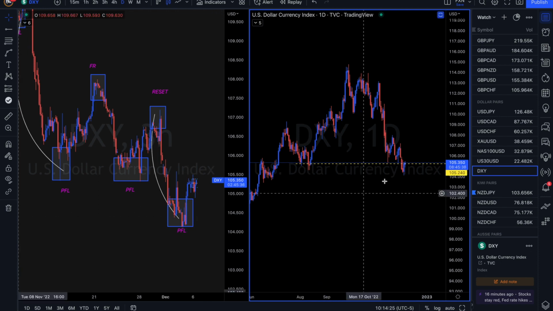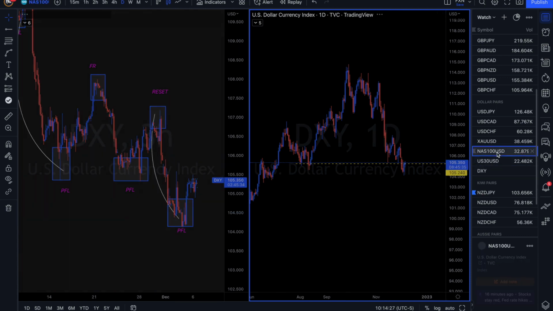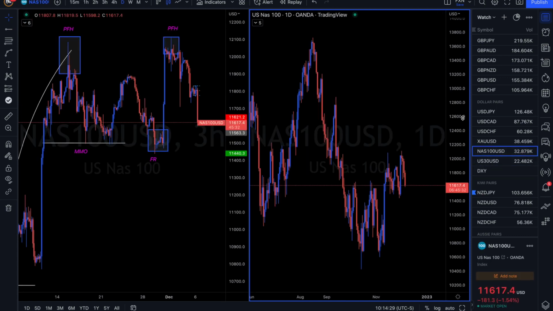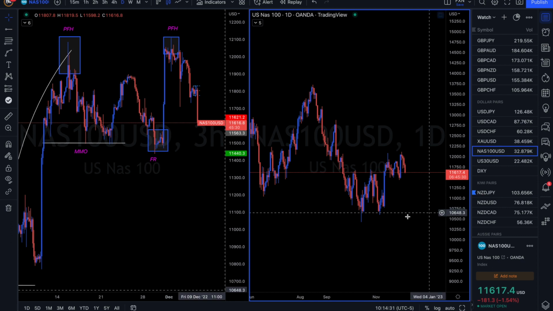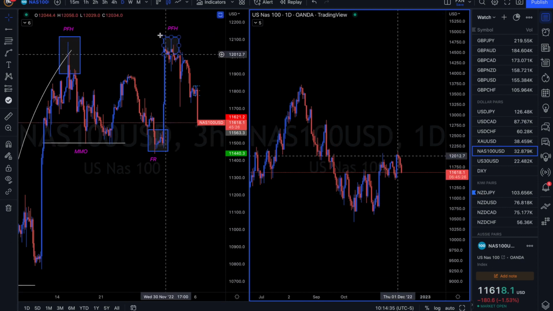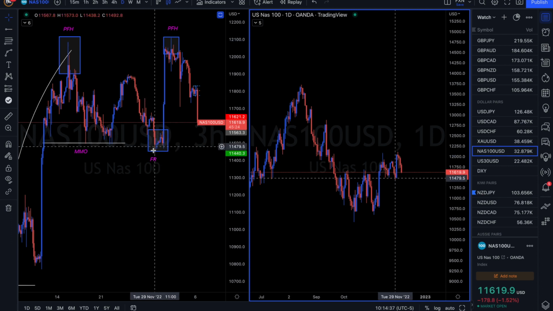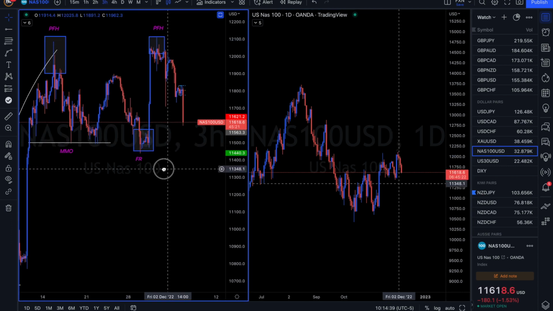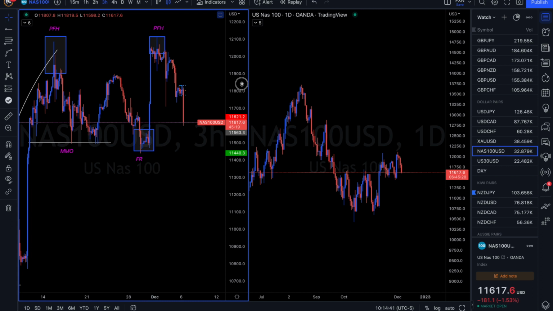And you could see that reflected on the other pairs as well. So if we take a look at NAS, you could see essentially the same thing. We're coming off a brand new peak formation and off a failed reset, and now we're heavily selling.